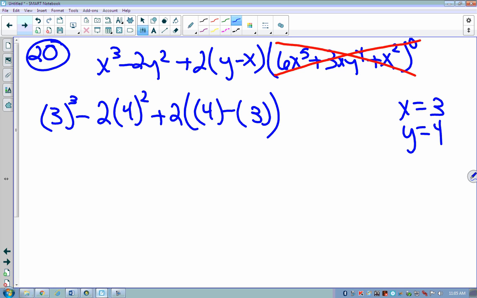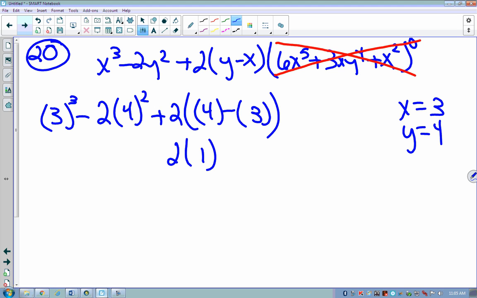So what's the first thing that needs to happen here? Here's where we go back to order of operations. It's the reason order of operations is so important. PEMDAS. What's P? Parentheses. So even before exponents, the first thing I'm doing is 4 minus 3, which is 1.